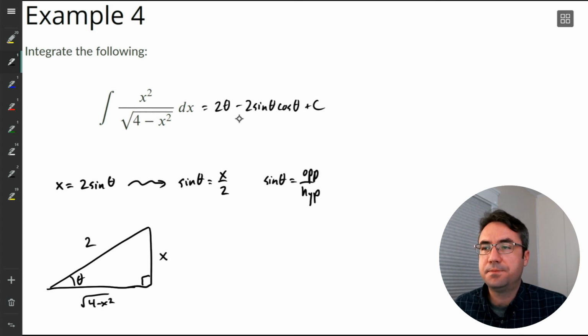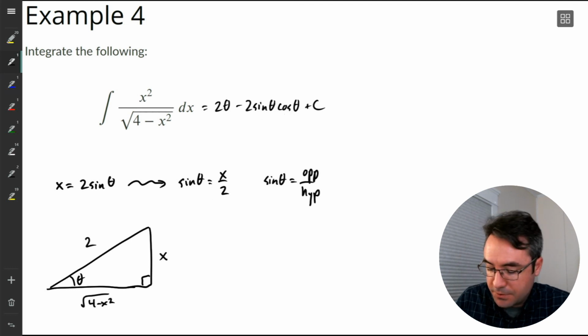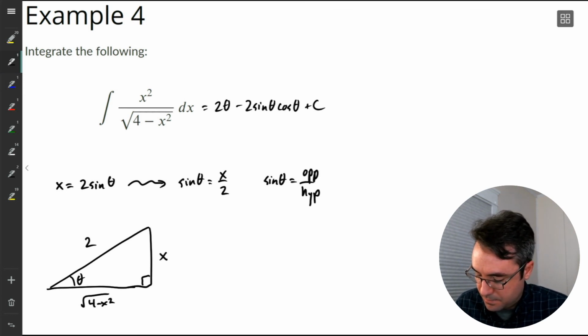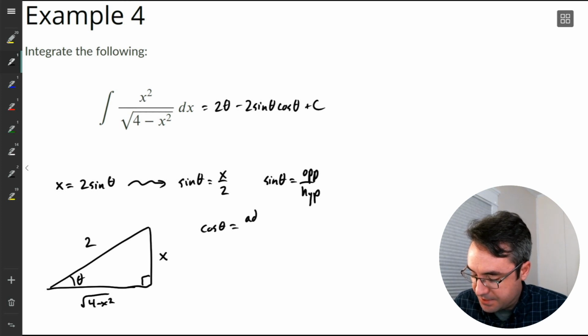So we have our 2 theta. We have our 2 times sine theta cosine theta. And so we want to convert sine. We already know what sine is. We also want to convert cosine. So cosine is the adjacent side over the hypotenuse.